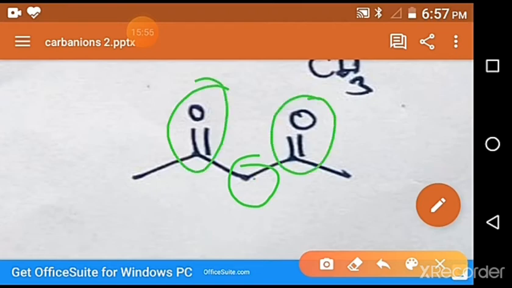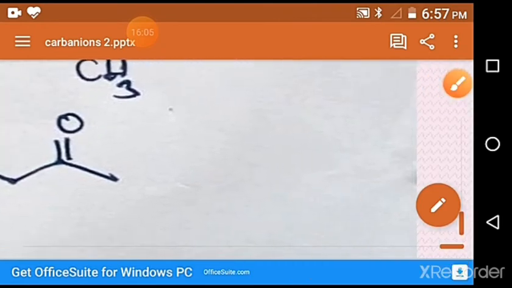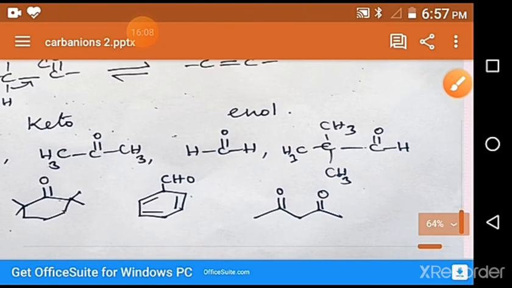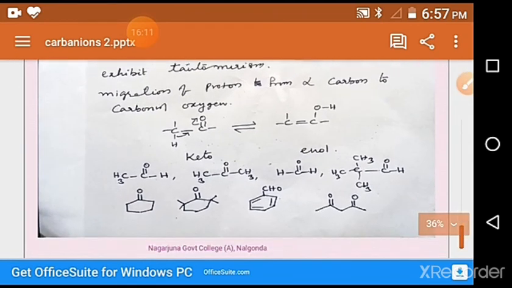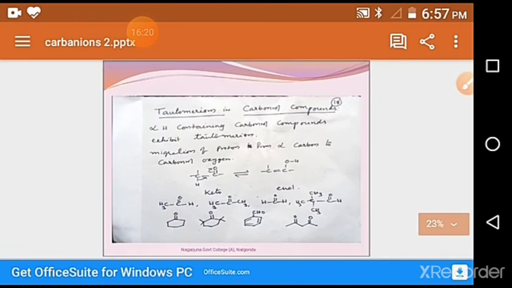That's why the hydrogen on this carbon is more acidic in nature when compared to the others. That's why it also exhibits tautomerism. So these are the different examples which show tautomerism. So in general, for a carbonyl compound to exhibit tautomerism, it should have alpha hydrogens. Okay. Next.